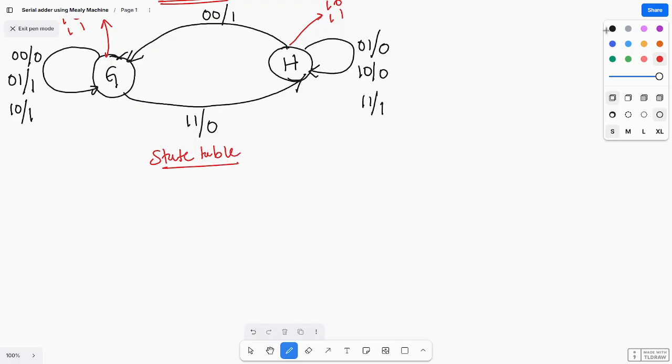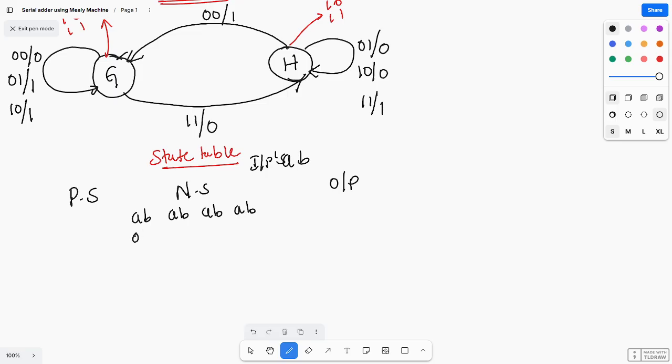How am I drawing the state table? Here, suppose present state, and inputs. Inputs are nothing but ab. Next you have next state, and here this is output. So here next state is ab, ab, ab, and ab.